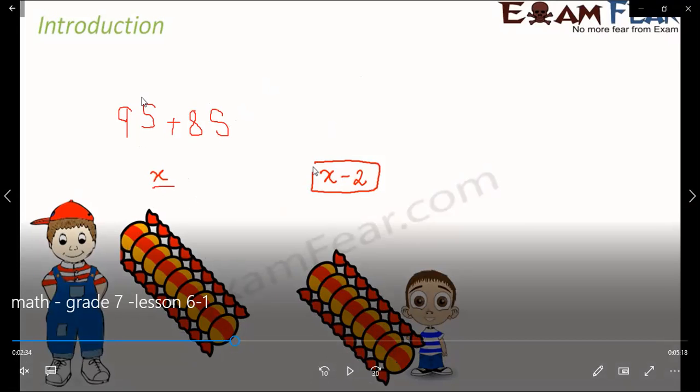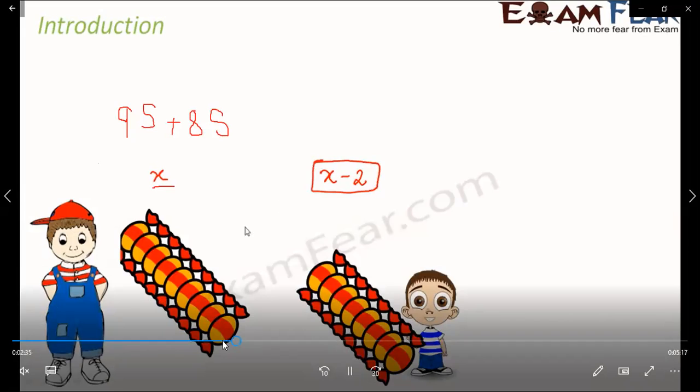So in this one, I can add the sweets. I can ask what is the difference between the first and the second child, right? We can express this by different methods.